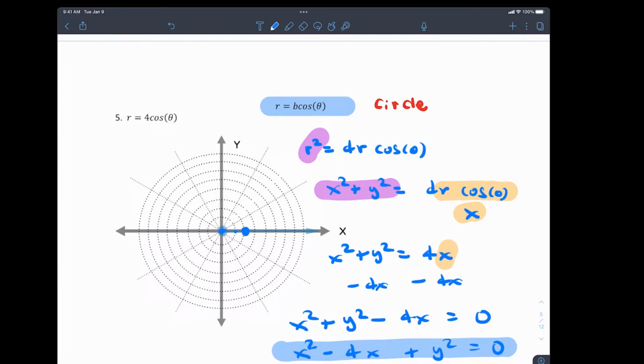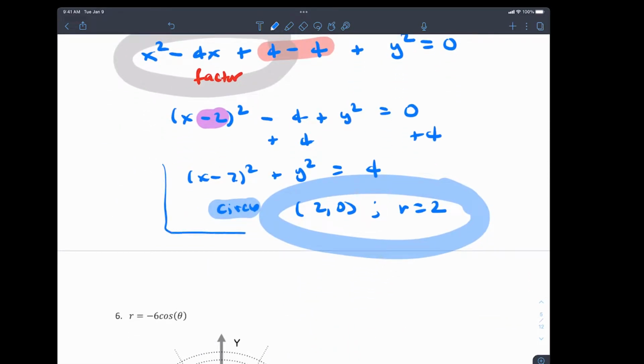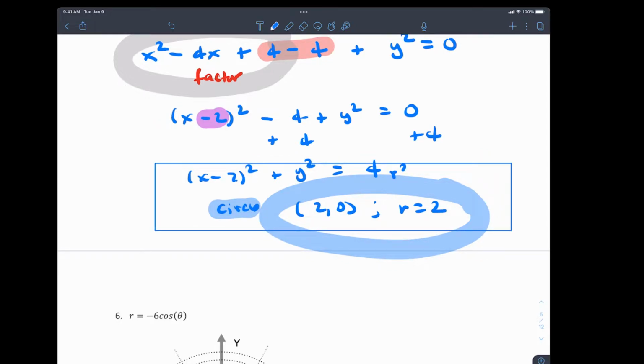Radius is, well, radius was 2. Because if it's equal to 4, you got to use that square root formula. Okay, you see this here? This is going to be the equation of your circle. Radius, this is r squared. Okay, r squared is 4, and your radius will be that +2.